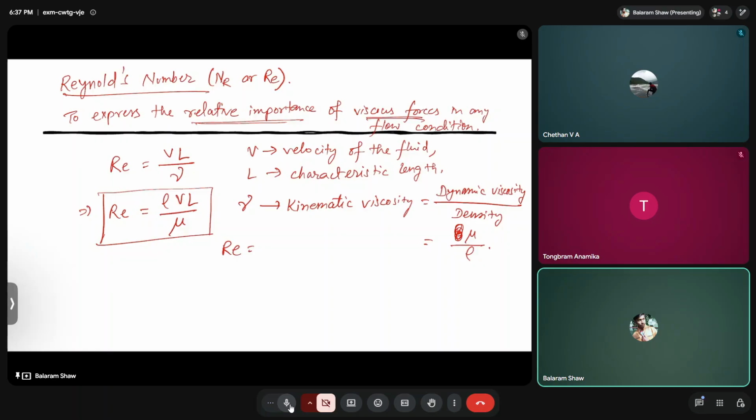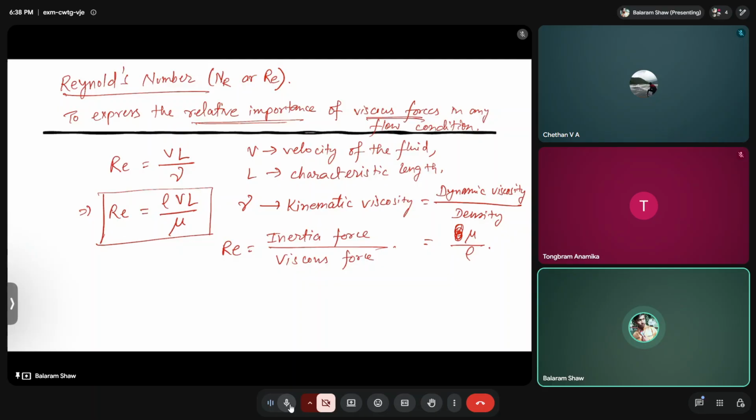As I said in the beginning, Reynolds number is used to denote what kind of flow we have, whether it is laminar flow, turbulent flow, or transition flow, that is, transition from laminar to turbulent. Let's consider the pipe flow case.